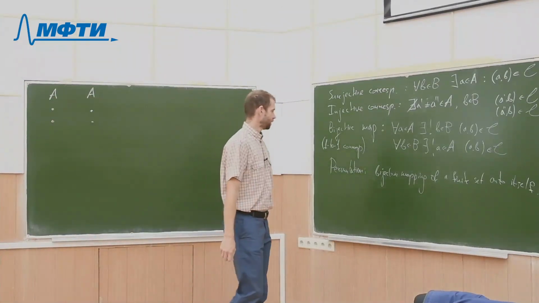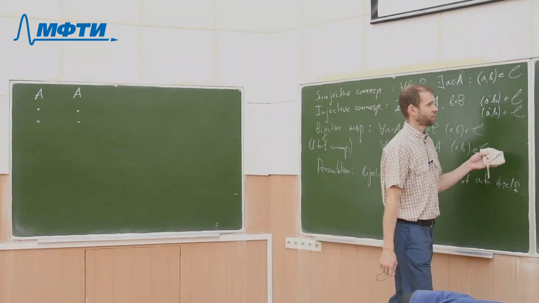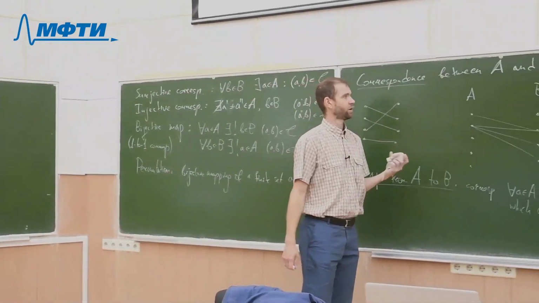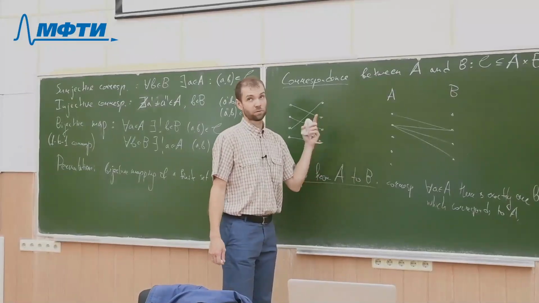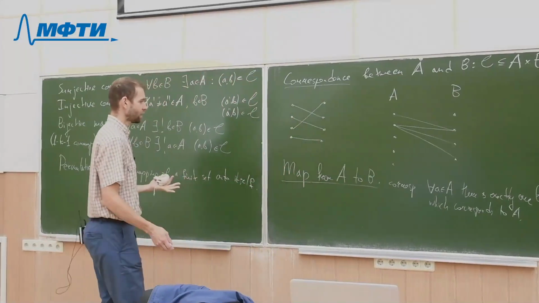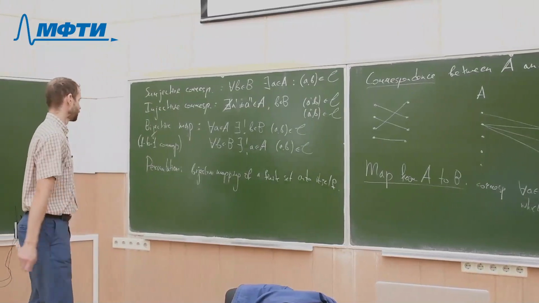In general, whenever we have a bijective mapping between two sets, it is only possible if their cardinalities are exactly equal. Otherwise, we cannot build a one-to-one correspondence.